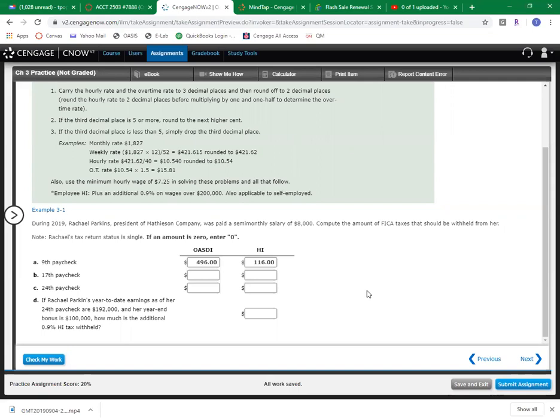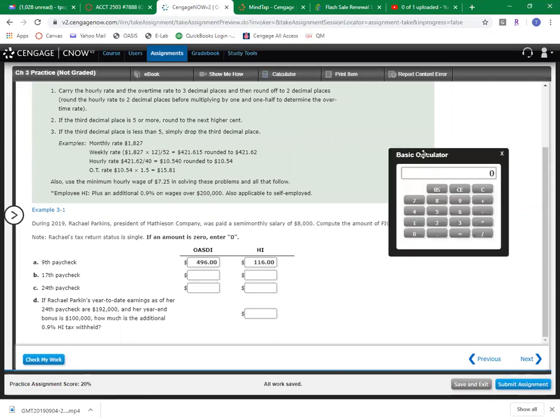So what I always do is look at what was her gross pay before this 17th paycheck. 8,000 times 16 gives us her gross pay before this paycheck. So up until this point, she has had and paid taxes on $128,000.